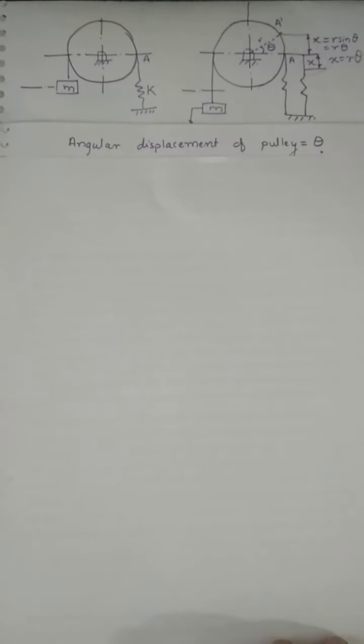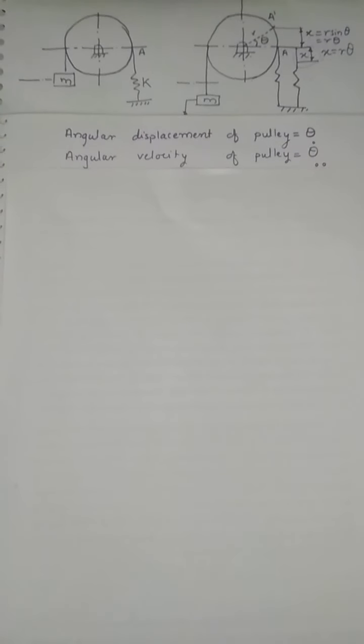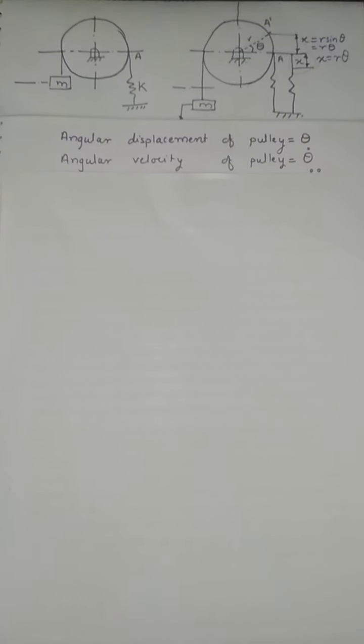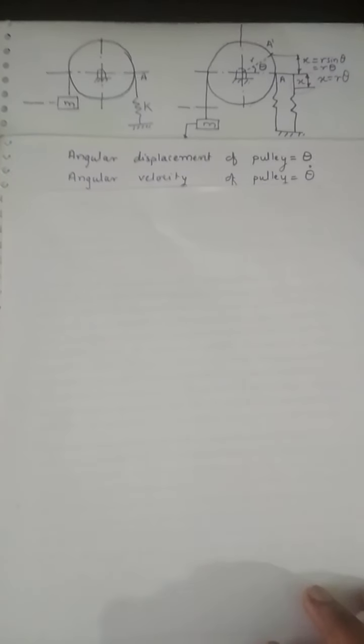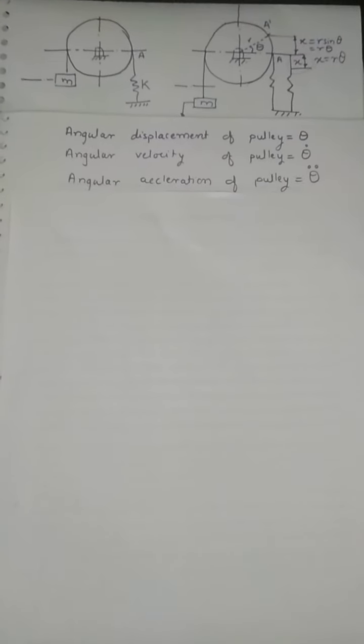Then we know that omega is angular velocity. So angular velocity omega can be written as theta dot. And angular acceleration of the pulley can be written as theta double dot.